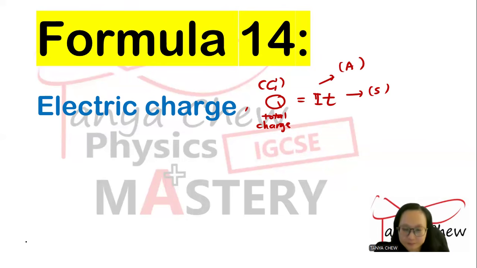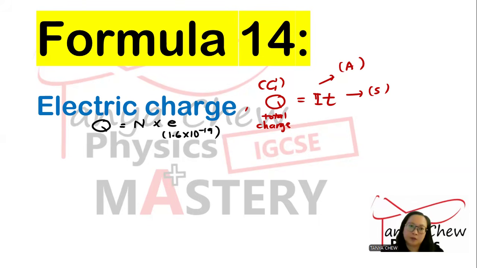Of these two charges, electron and proton, only electrons can move. So it is the number of electrons that flows through the conductor that gives you the total charge. Total charge can be calculated by the number of electrons times the charge of one electron. The charge of the electron is 1.6 times 10 to the power negative 19 coulomb.